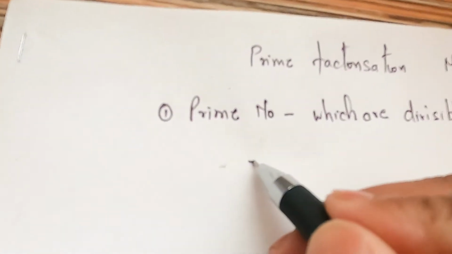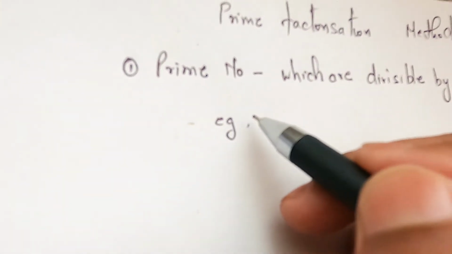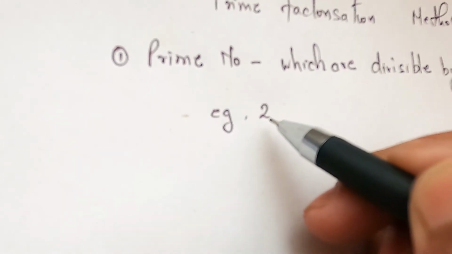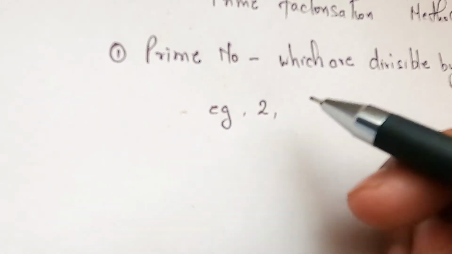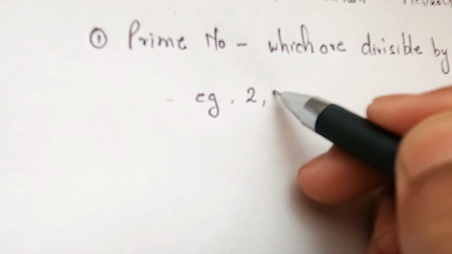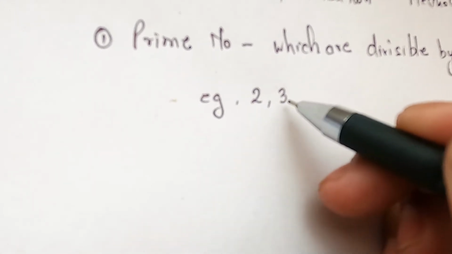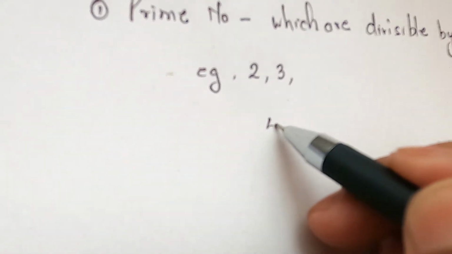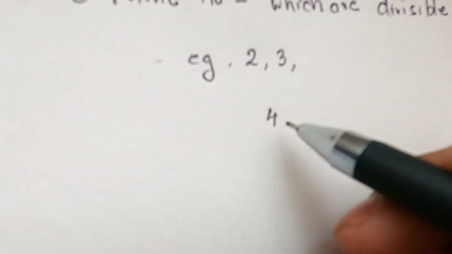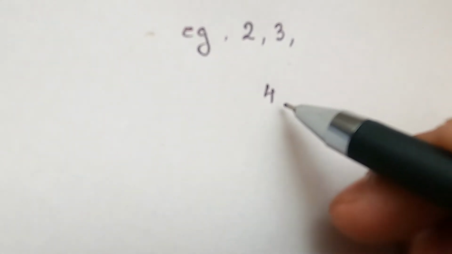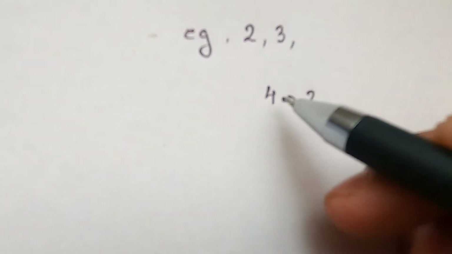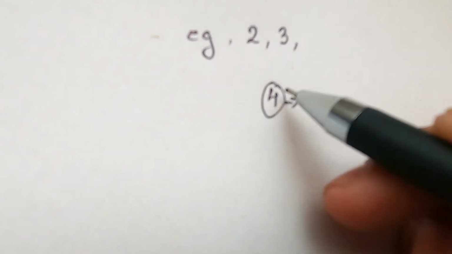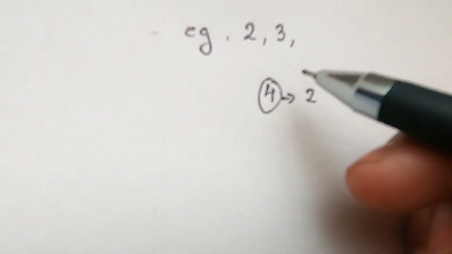For example, 2: which number can divide 2? Only 1 and itself. Which number can divide 3? Only 1 and itself. For example 4, which number can divide 4? 2 can divide 4, so we can say that 4 is not a prime number.